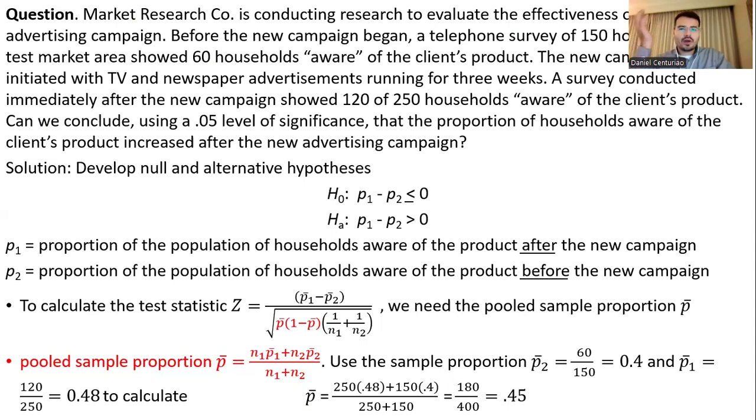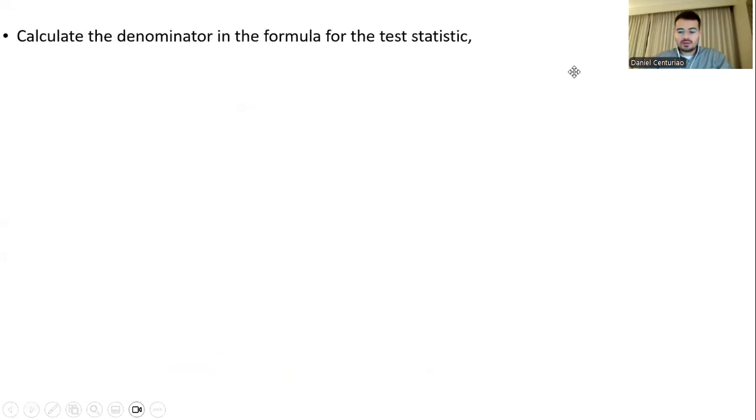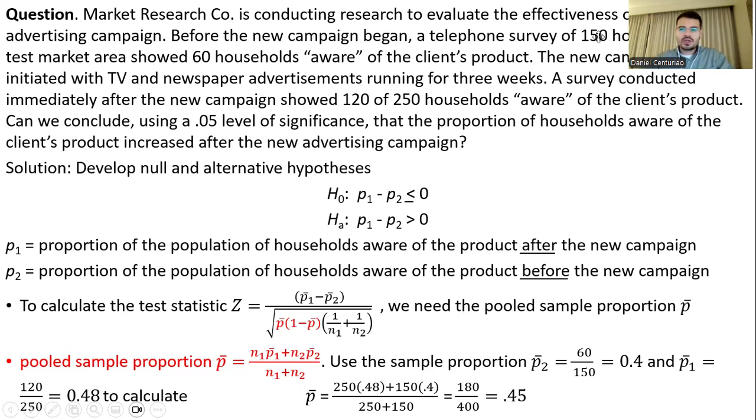Before they have a new campaign available, they did a survey with some households. Those are the things I wanted you to note when you are reading an exercise, to extract information from it. In this case, I'm specifying the number of households, meaning that's the size of the sample that we surveyed. So you need to associate that with n.